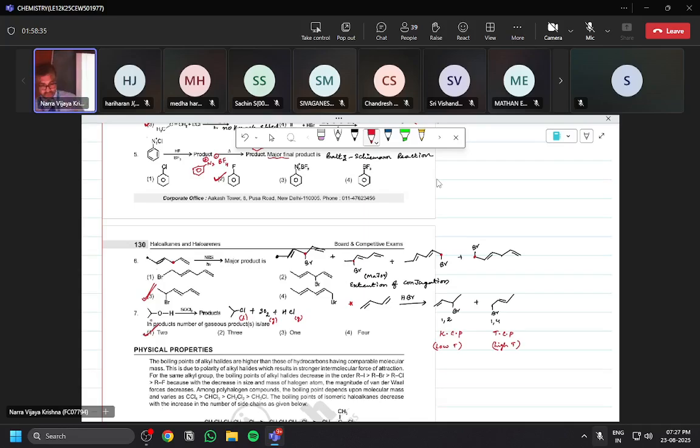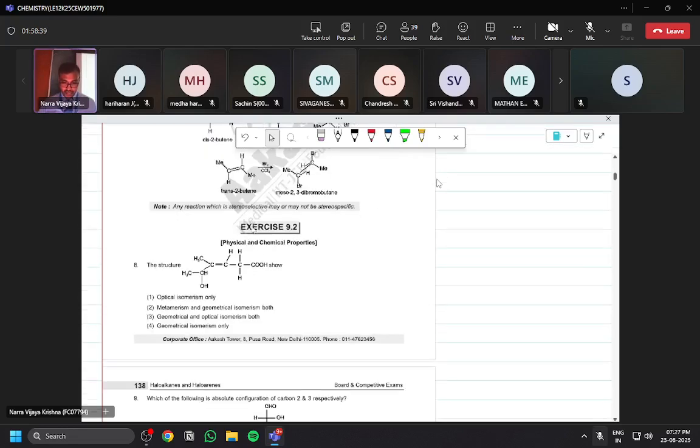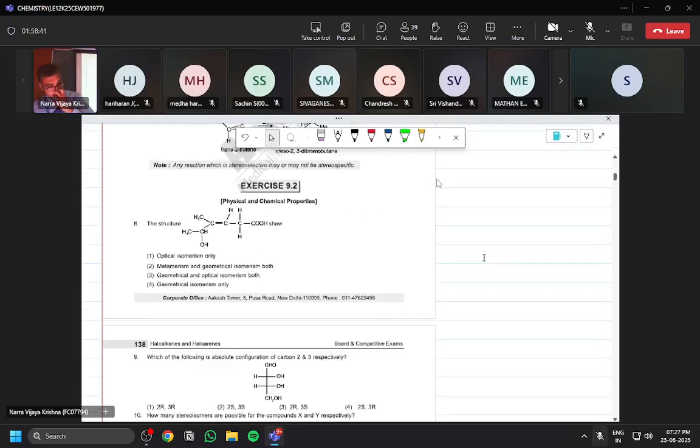Respond, sir. Next one. The structure of this, okay, shows. Does it have a chiral carbon or not? This is also a chiral carbon. And this shows geometrical isomerism, because of this double bond.